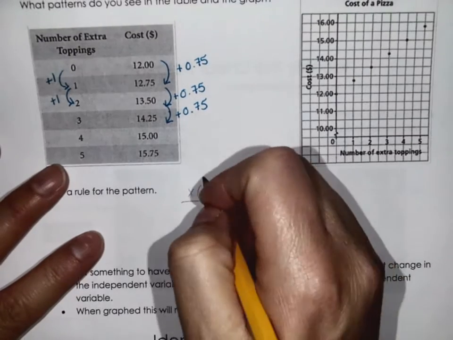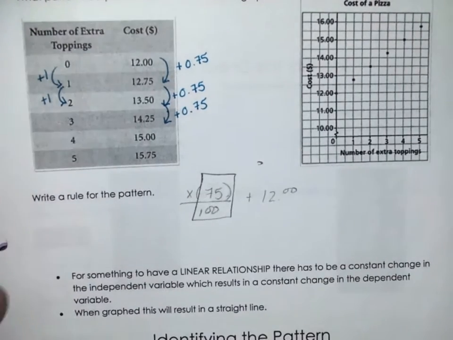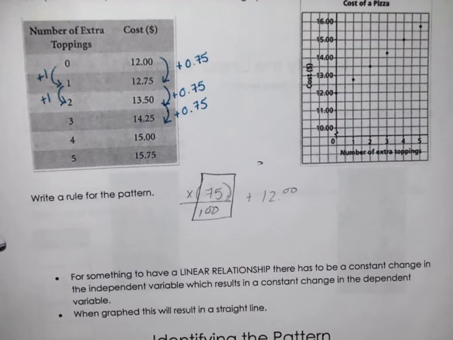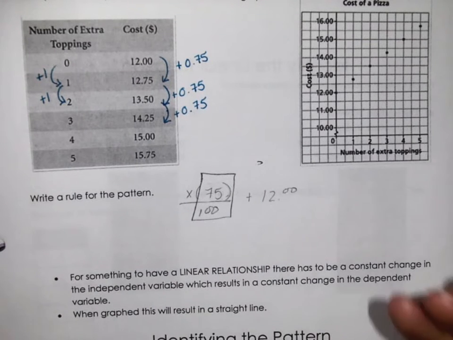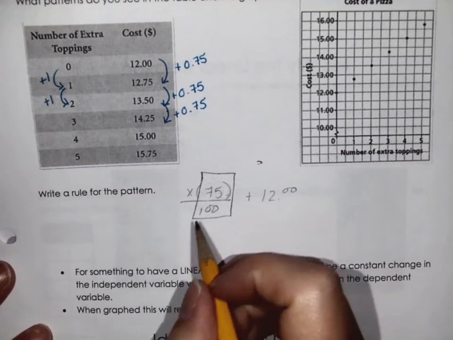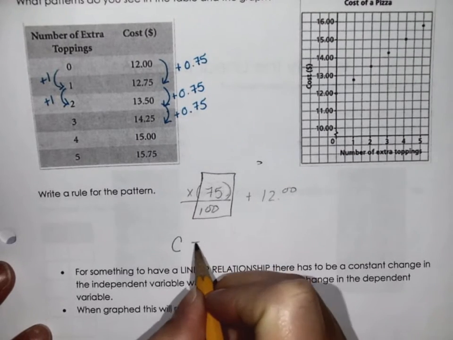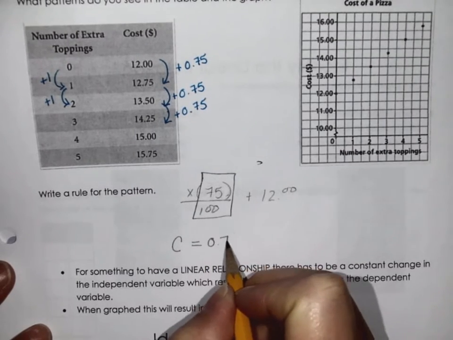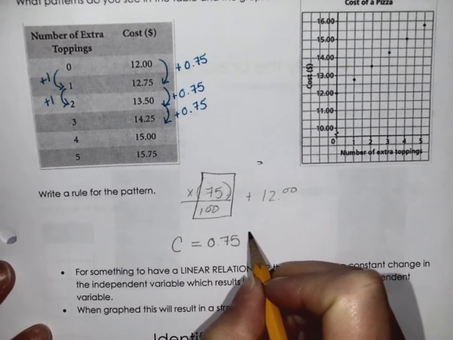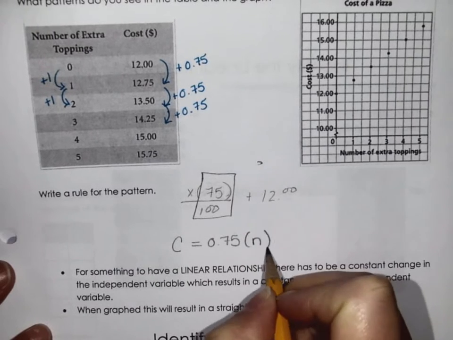I'm gonna take this, because this is our 75 cents, right? That's how much we're timesing it by. I guess it's on the x-axis, so we'll refer to it as that. So the cost of the pizza is gonna equal 0.75, and we're gonna times that by the number of toppings.